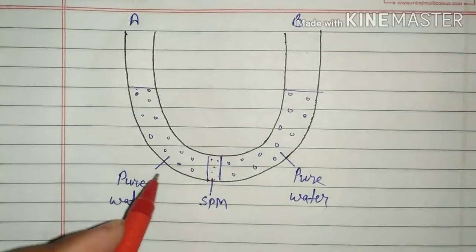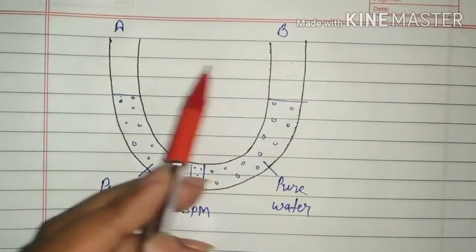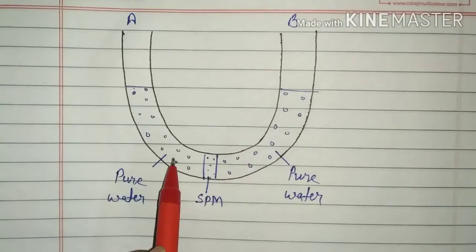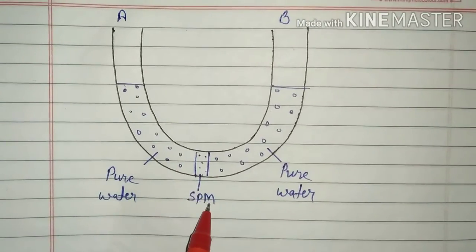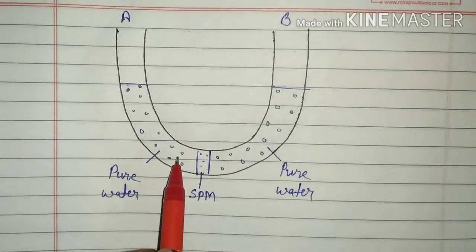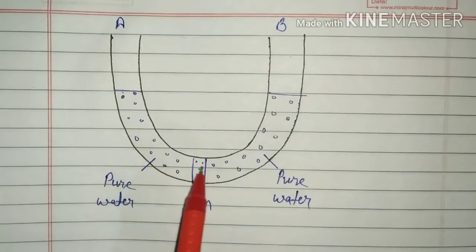Let's see. There are two chambers, A and B. Both chambers are separated by a semi-permeable membrane, and both have only pure water.